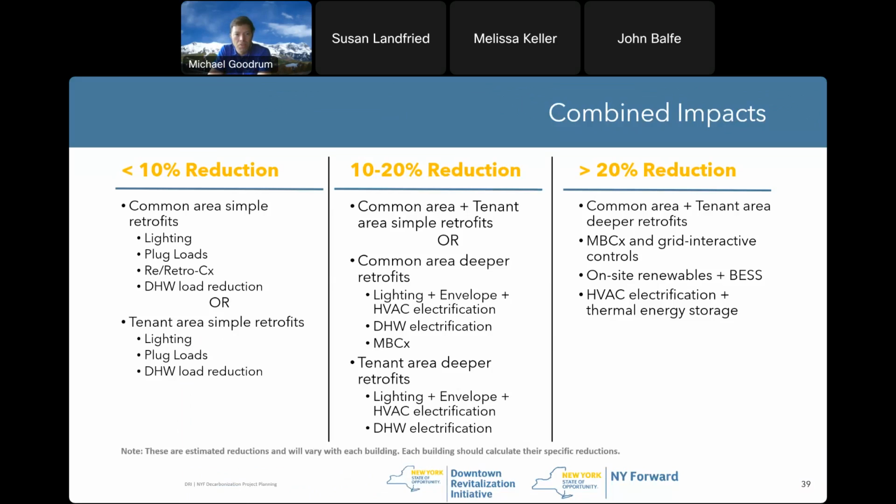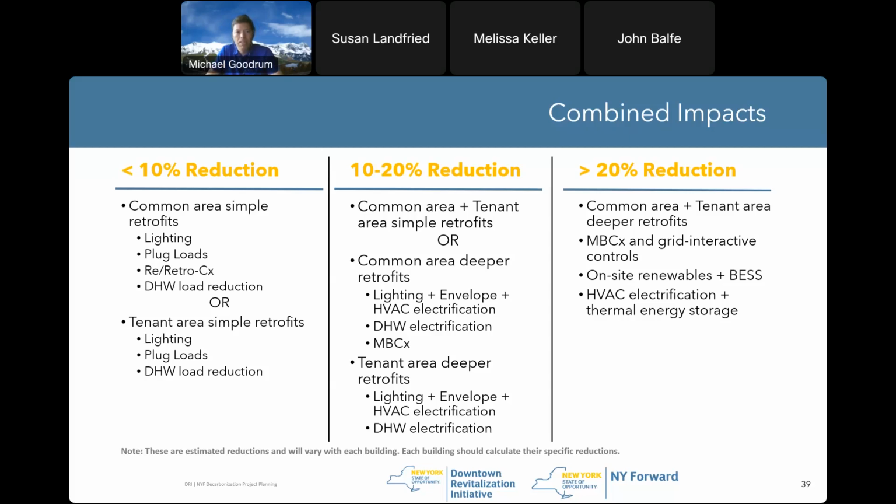So, the basic stuff, lighting, the plug loads we talked about, the retro-commissioning, things like that, when you're doing those in common areas or tenant areas, you're talking about 10%-ish reductions in your energy use, which is great. If you want to get even more, when you start to combine those simple retrofits in both common areas and tenant areas, that can be a powerful way to increase the reduction.